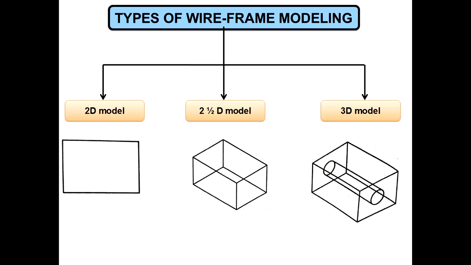So 3D model representation will be very easy, and it will represent the hidden part of the object also. It is the advanced form of the model, and this 3D modeling technique is widely used by many software nowadays. It has various advantages over the 2D model and 2.5D model.